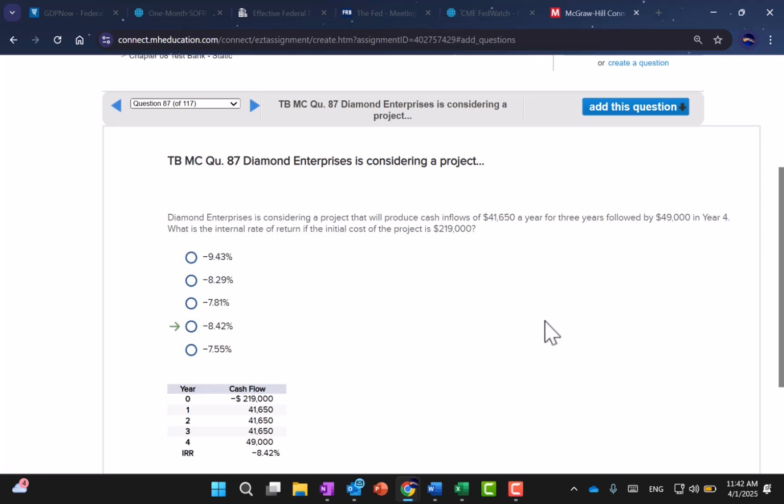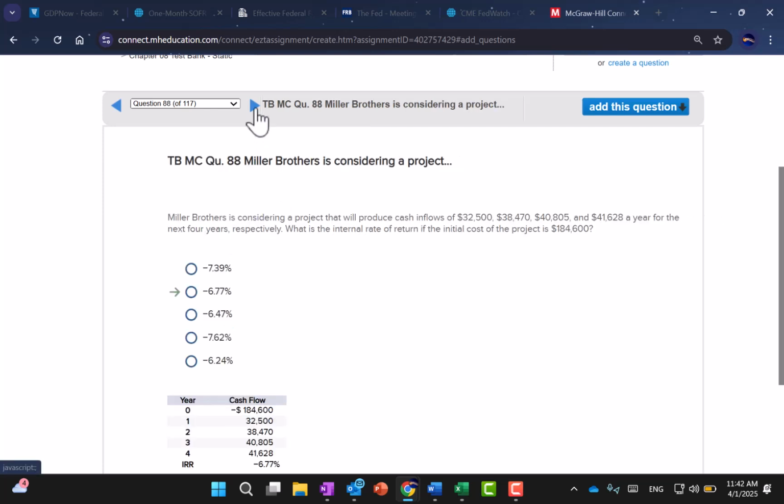Oh, okay, we know the inflows. Oh, okay, this is also just IRR, so don't worry about it.